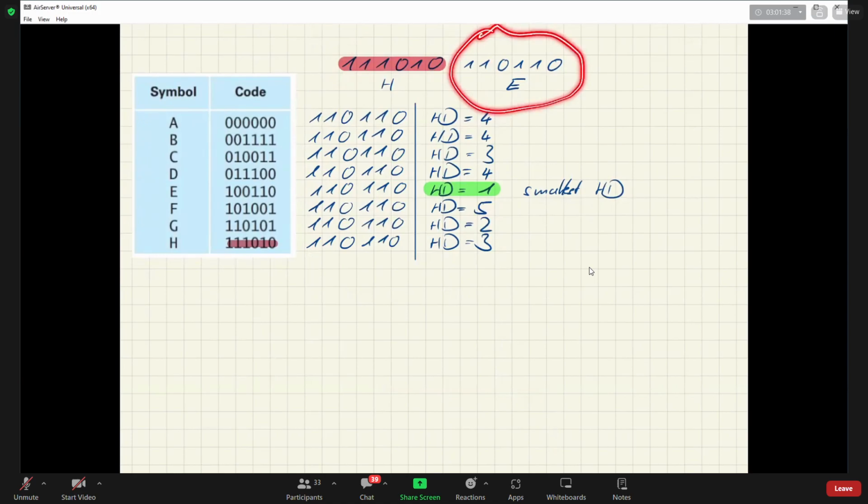But we know that it was encoded such that the Hamming distance between all the patterns should be at least 3. Now we are comparing the received pattern with the original patterns and seeing that for E, the Hamming distance is 1. For G, the Hamming distance is 2. And we are opting for the smallest Hamming distance to replace our received bit pattern.